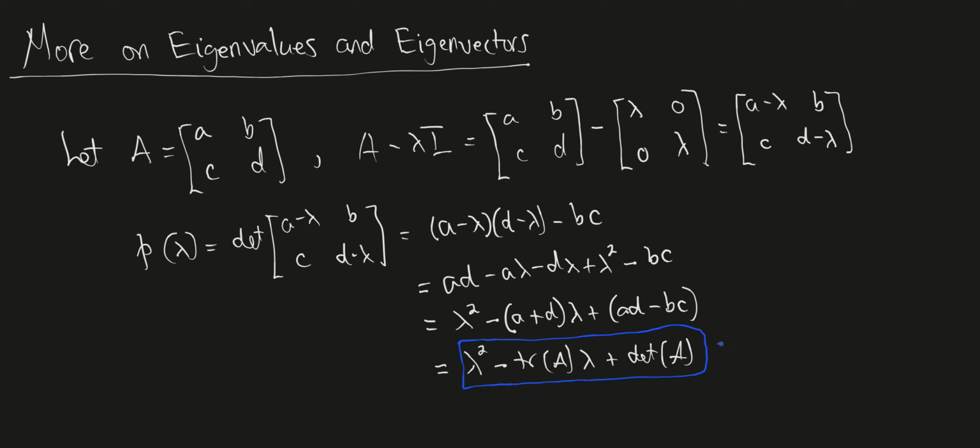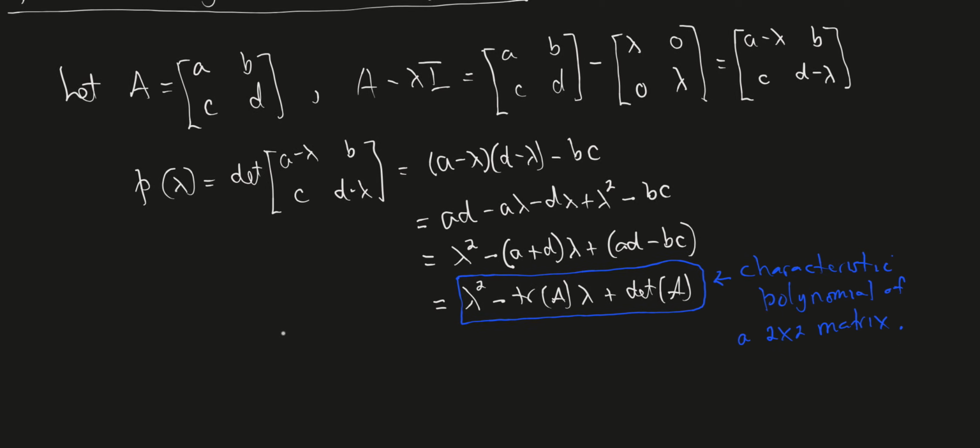So let's write this down. This is a formula for the characteristic polynomial of a 2 by 2 matrix. All right? So that makes it fairly easy to work with.